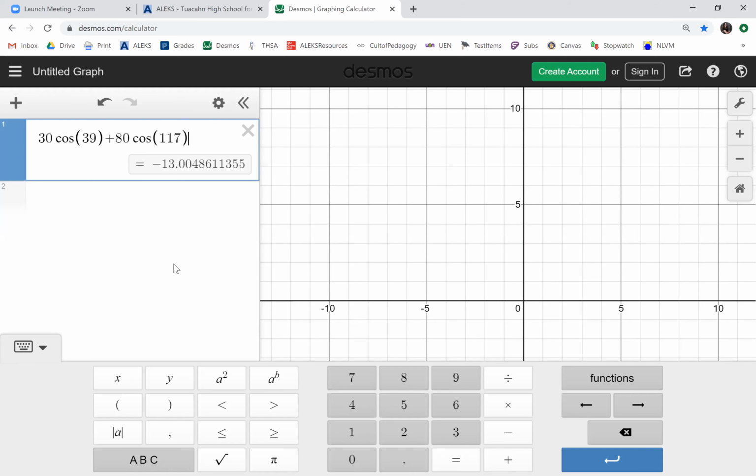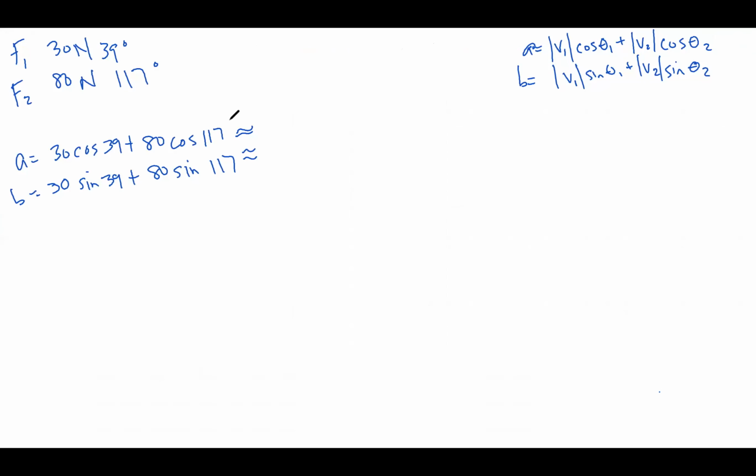We're just going to round that to the nearest hundredth, so negative 13.00. Okay, let's go back to the whiteboard. It was negative 13.00. Then we're going to go back to Desmos and find our B.